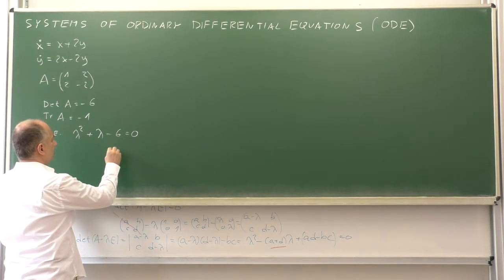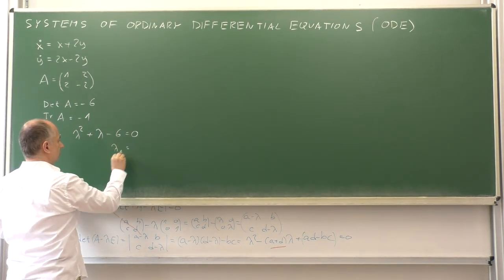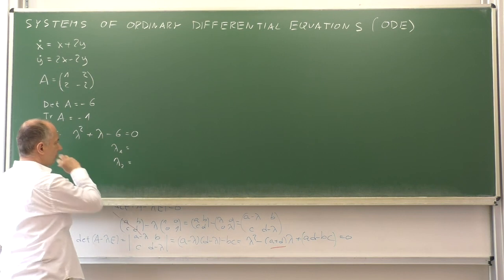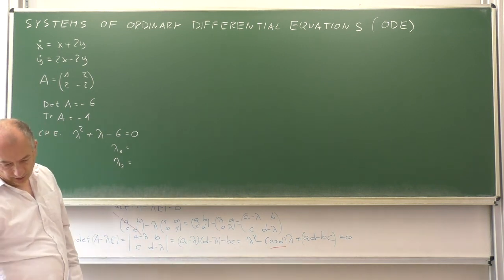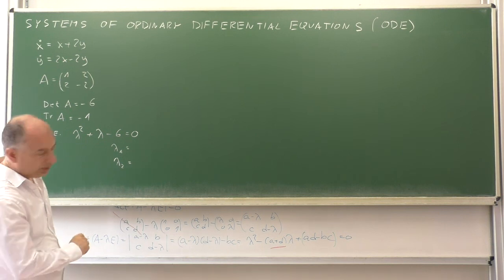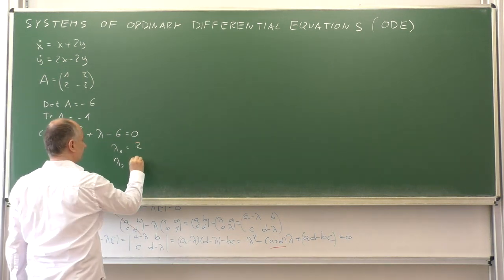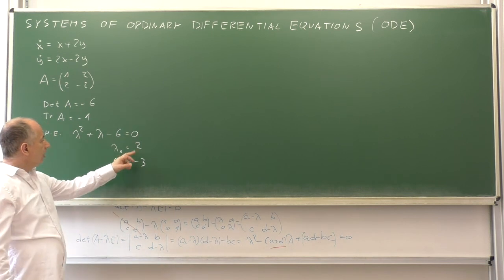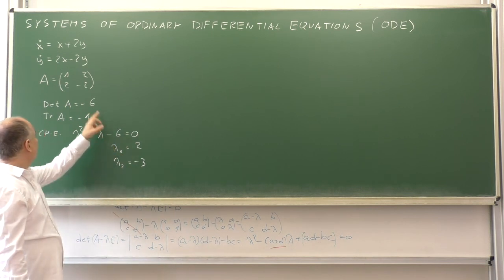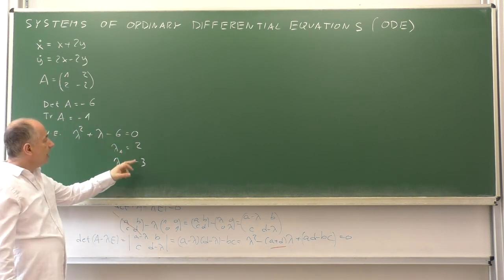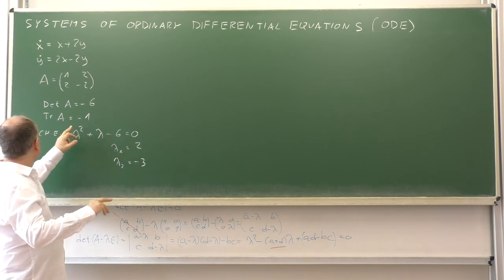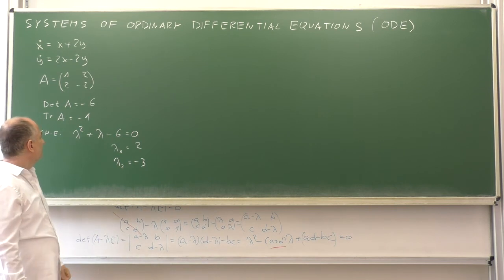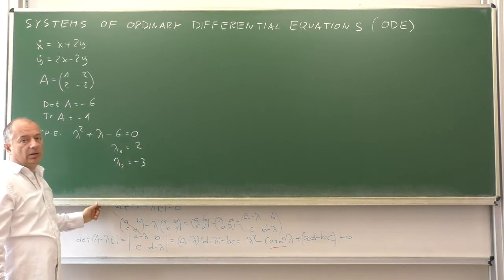Now this is easy to solve, and we see that lambda 1 and lambda 2 are 2 and minus 3. The product is minus 6, which is the determinant, and the sum is minus 1, which is the trace, so the trace of the matrix is the sum of the eigenvalues.